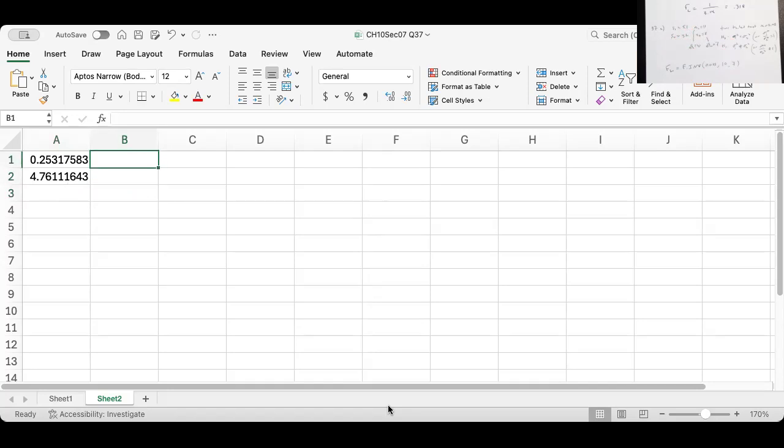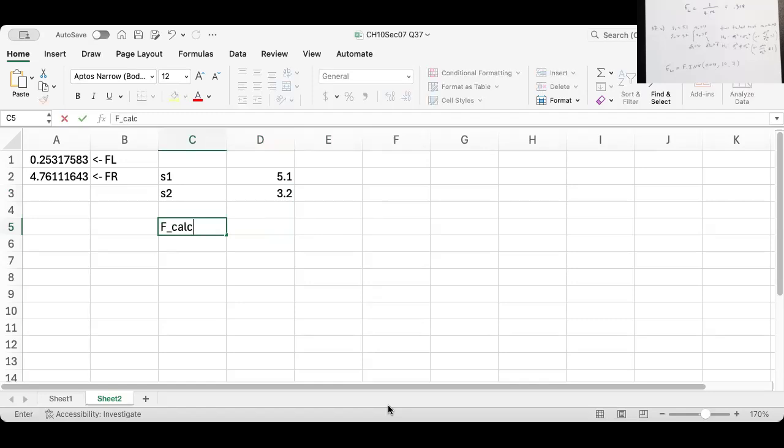I'm going to actually write over here, F left, F right. S1 was 5.1 and S2 was 3.2. So my calculated F value would be S1 squared over S2 squared, equals that number squared divided by that number squared.